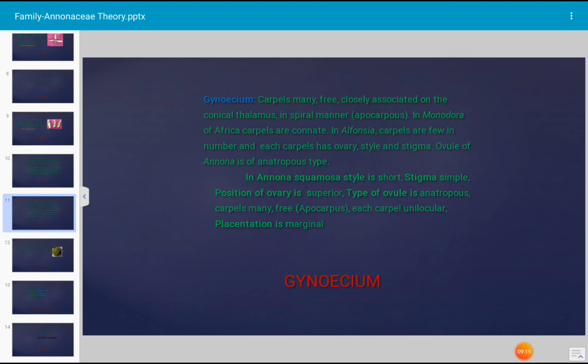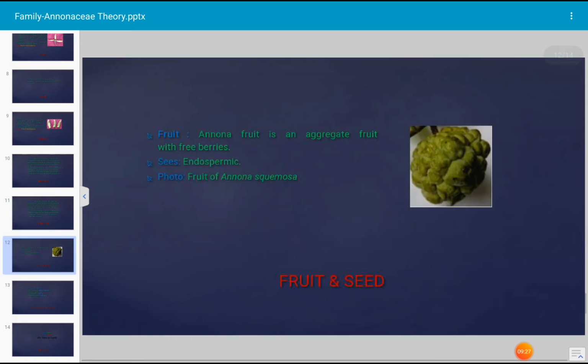Each carpel is unilocular and placentation, that is attachment of the ovule, is marginal. Let us see how is the fruit of this family Annonaceae. Annona fruit is an aggregate fruit with free berries. Seeds endospermic. The photograph given here is the fruit of Annona squamosa.